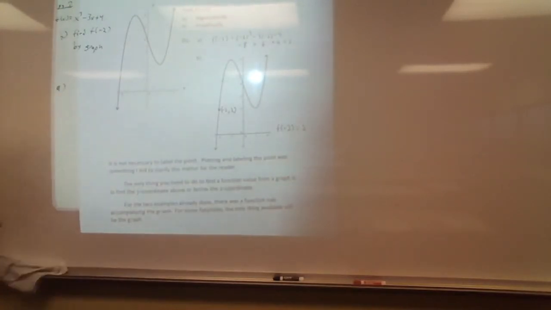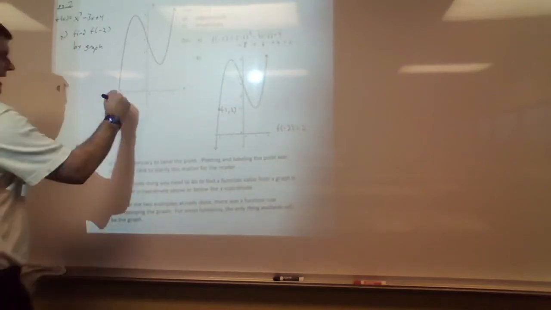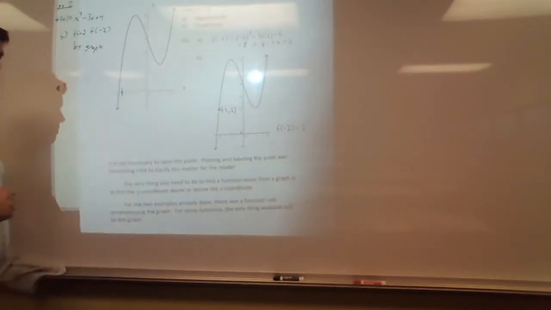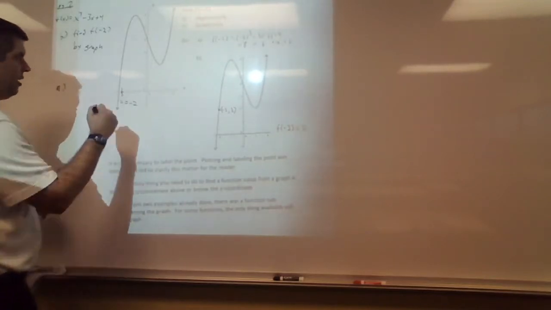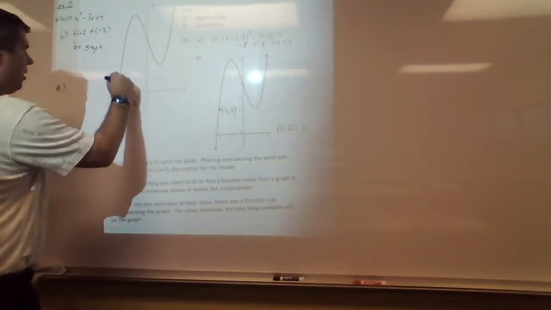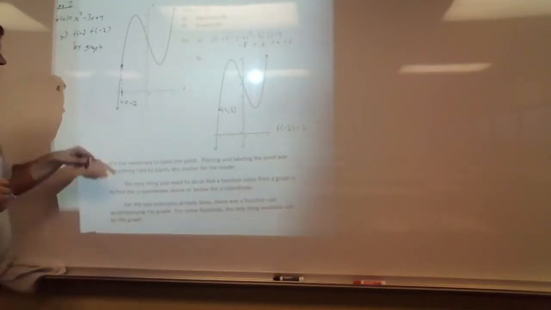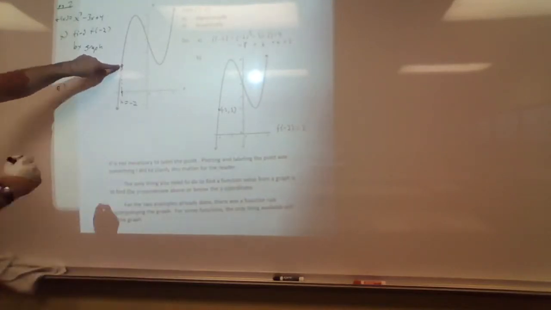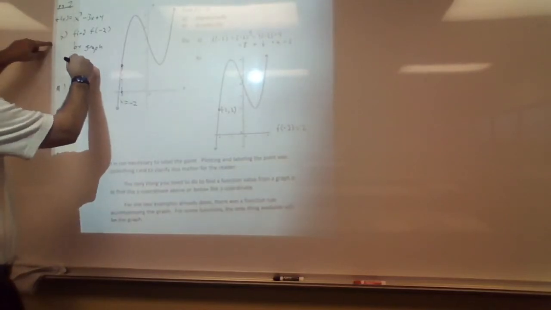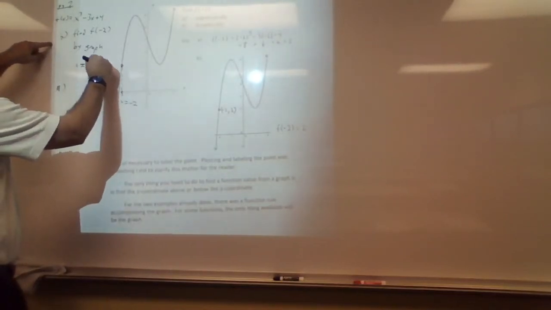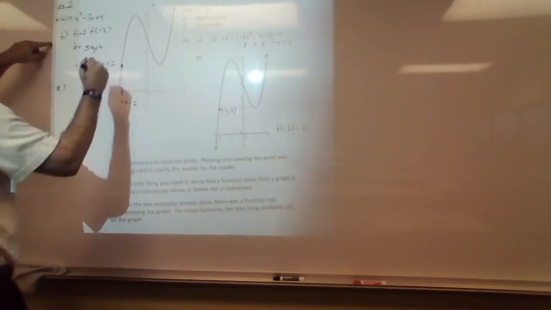So here's where x equals -2 is right here. I'm going to go up and I'll meet the graph, and it looks like the y coordinate is 2. X equals -2, y equals 2.